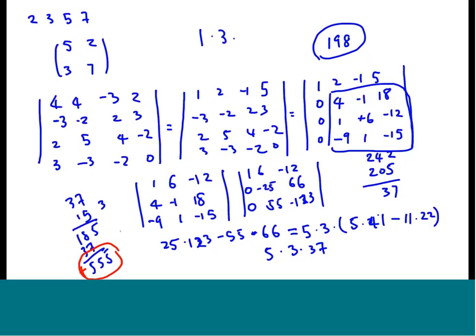Let's see together what's wrong with it. What I'm doing here is using the second row, add to the first row. First off, I want to make a 1 here. Okay, I get a 1 here. Then the first row, I multiply 3 to the second row and get like this.